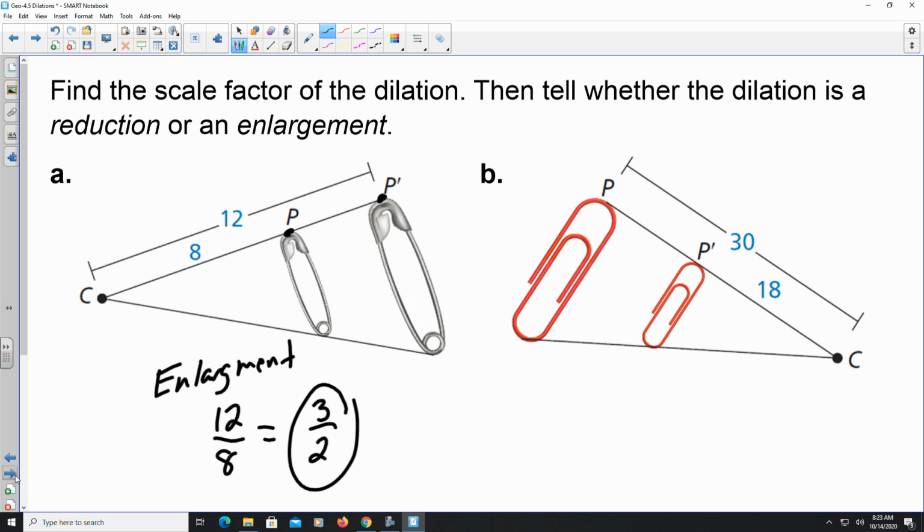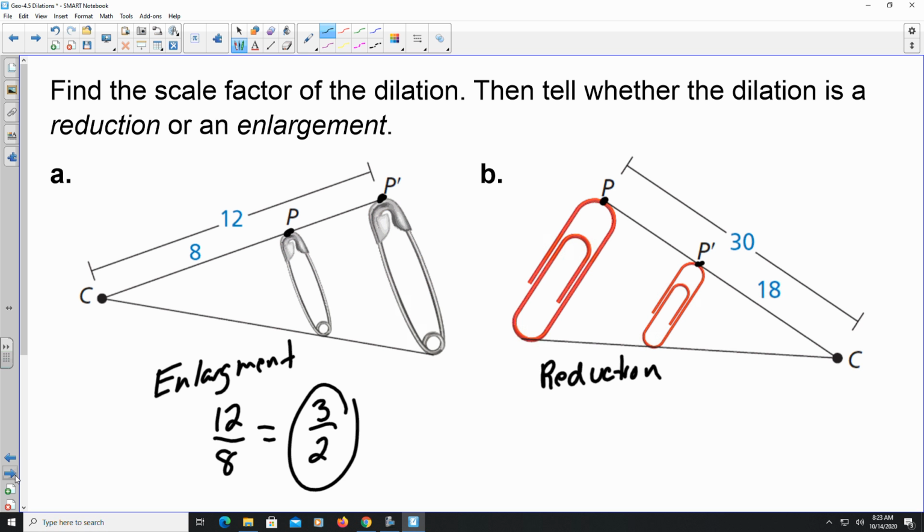Looking at B, point P is right here, and then P prime is right there. Well, P prime is smaller than the original shape or the original figure. So this is going to be an example of a reduction.